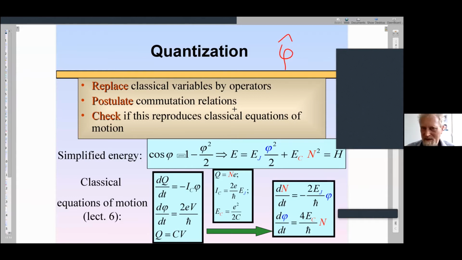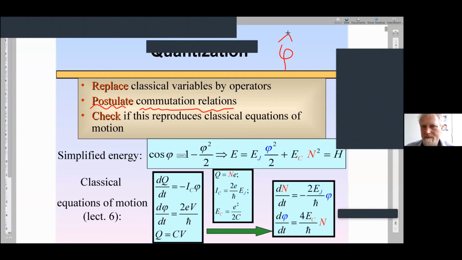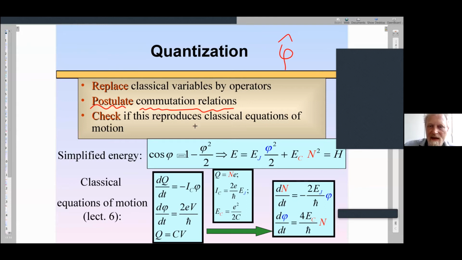That's a creative part. One could go crazy. One could postulate whatever relations they want. But then there is a very certain way to derive quantum dynamical equations from the Hamiltonian and the definition of the operators. One has to do this job and see if the quantum equations reproduce the classical equations of motion.